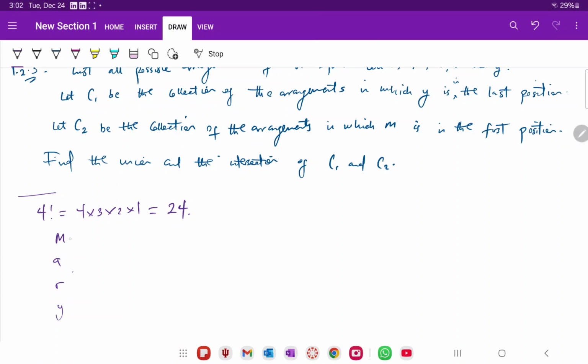So for M we have A, R, Y, then M, R, A, Y, then M, R, Y, A. Okay, then M, A, Y, R.